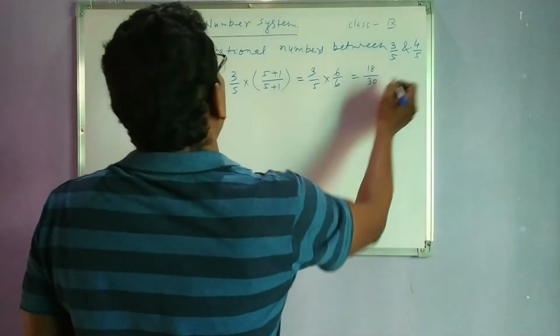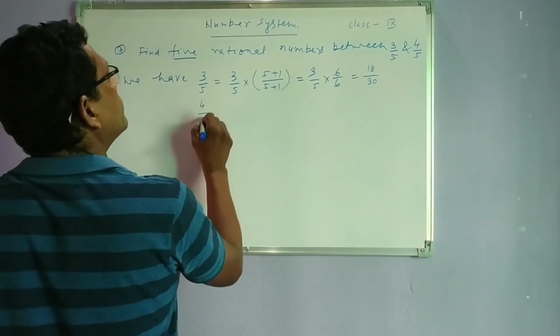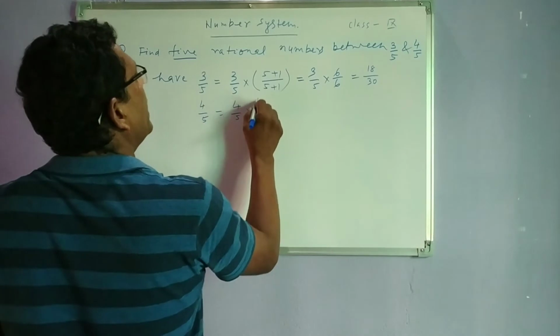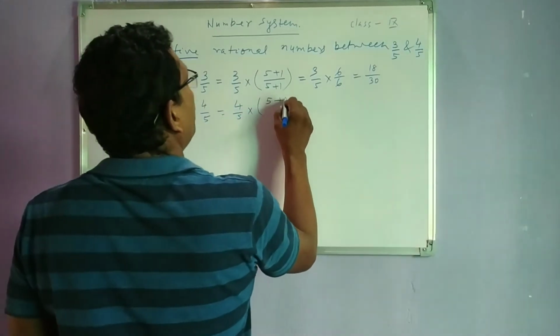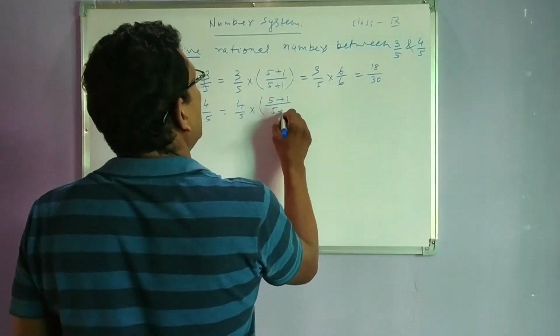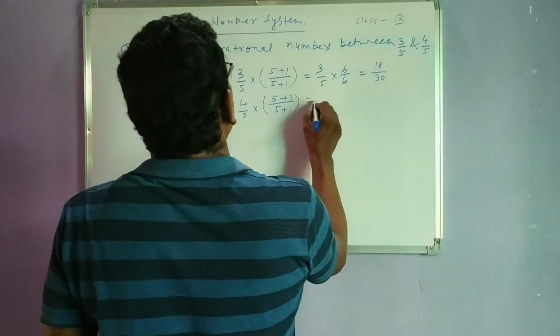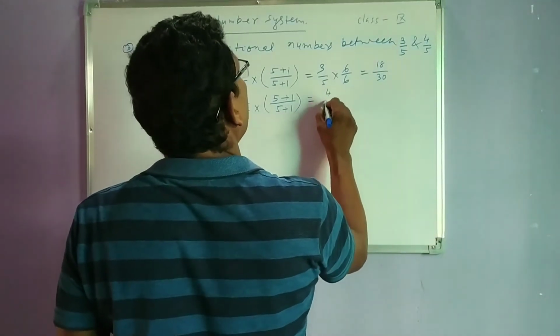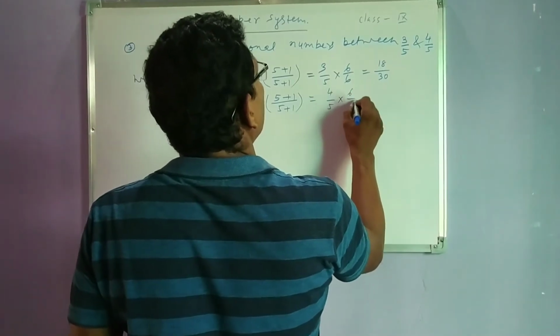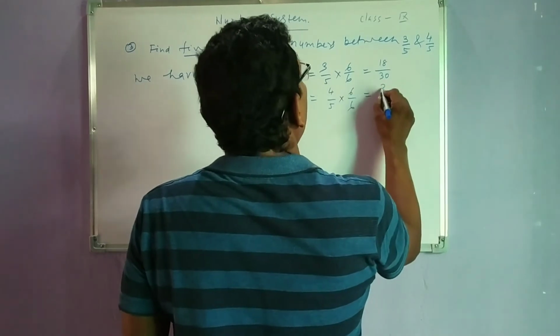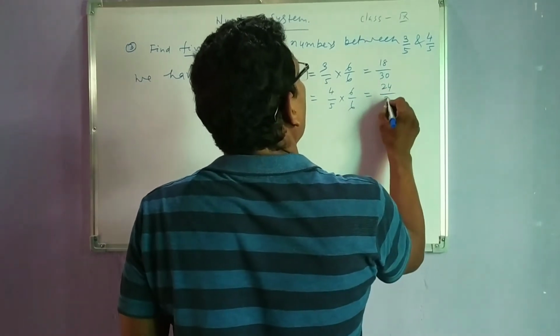Now next is your 4 by 5. So 4 by 5 multiplied by 5 plus 1 by 5 plus 1 will give you 4 by 5 into 6 by 6. So 6 4s are 24 by 30.